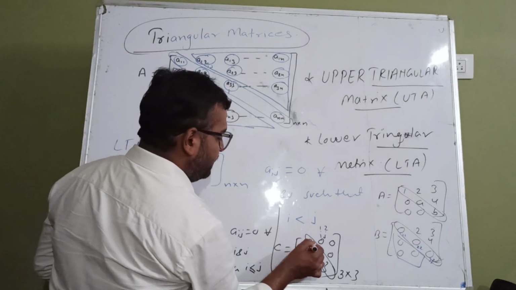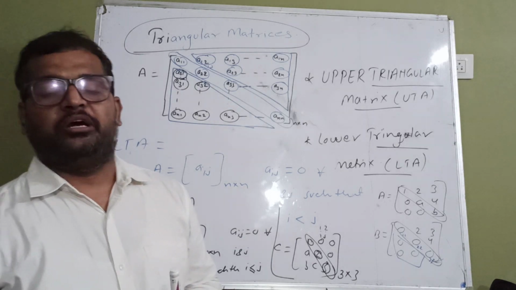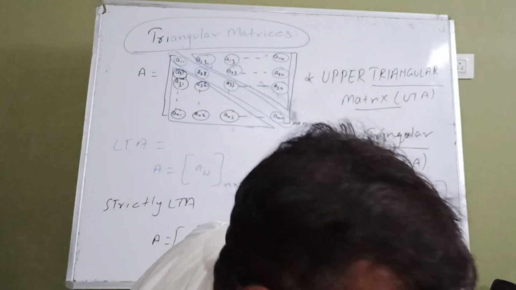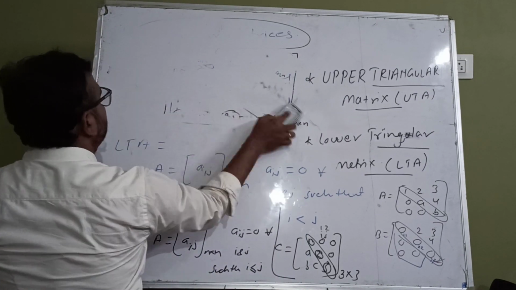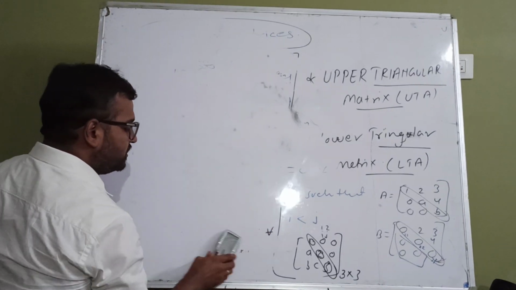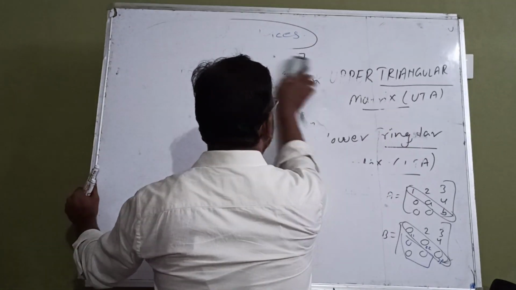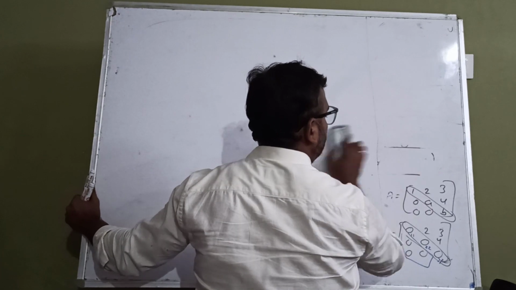So if it becomes 0 here, then this will be your strictly lower triangular matrix. Clear to everyone? Two points basically we have discussed: lower triangular matrix and upper triangular matrix, and the representation of the lower triangular, the upper triangular, the strictly upper triangular and strictly lower triangular.